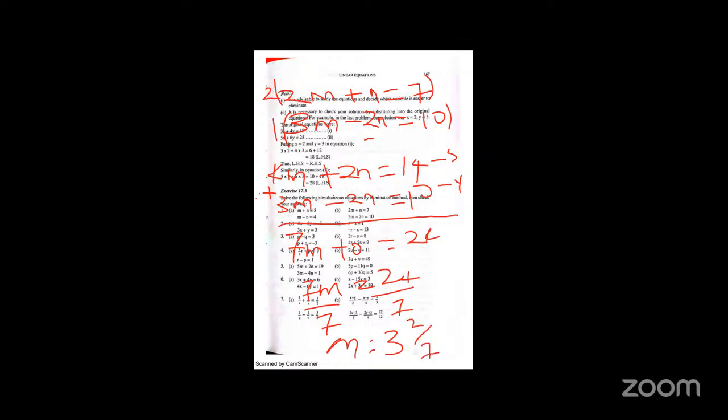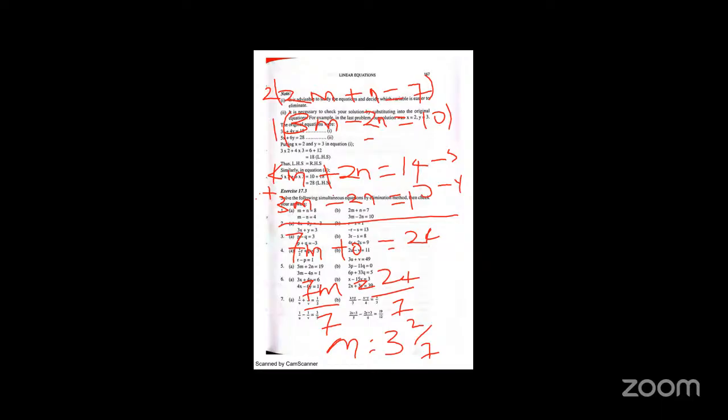From there we can also get the value of n by substituting the value of m in any of the equations. So we can substitute it in the first equation.